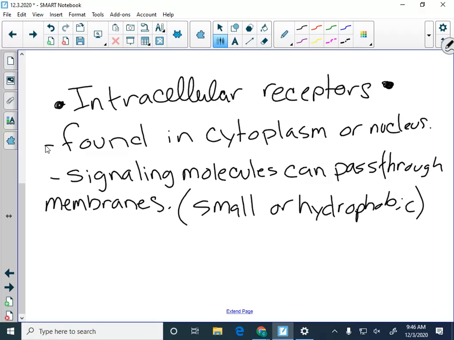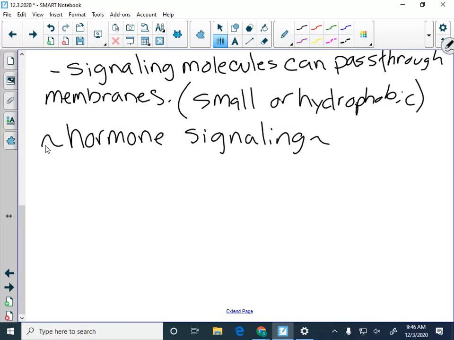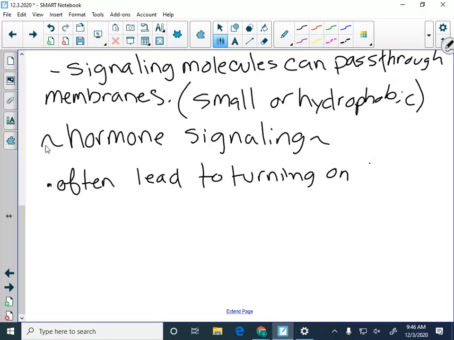Hormone signaling is a big portion of this. And intracellular receptors usually lead to turning on or off particular genes.